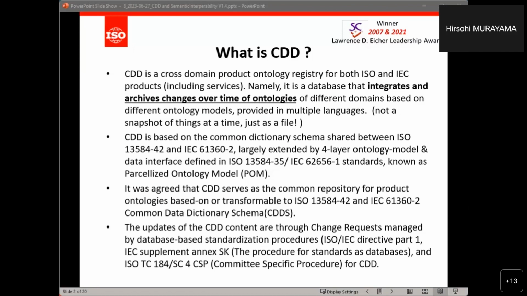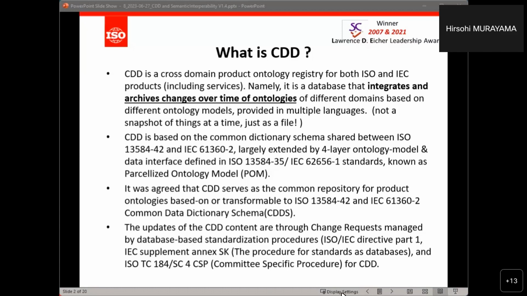That is the CDD. Secondly, CDD is based on a common dictionary schema developed between ISO and IEC. One is ISO 13584 part 42, and another is IEC 61360 part 2, and also extended by IEC ISO 13584 part 35 and IEC 62656 part 1, known as a parcellized ontology model. It was agreed that the CDD serves as a common repository for ontologies based on these standards, or transformable to these standards.